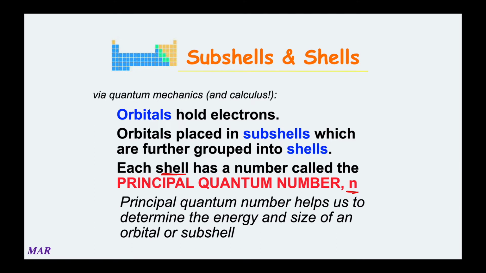The principal quantum number will help us to determine the energy and size of the orbitals and subshells. So just like some streets are more popular than others, some shells will have more energy than other shells. It's really kind of interesting how this stuff all works out.